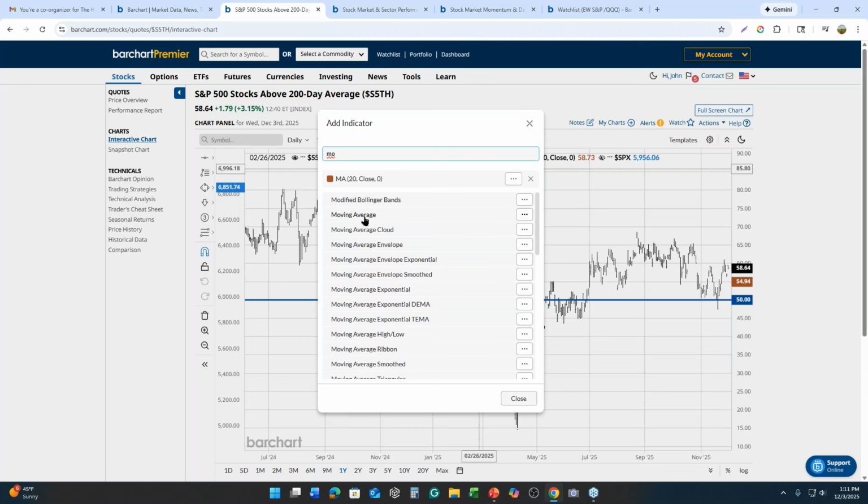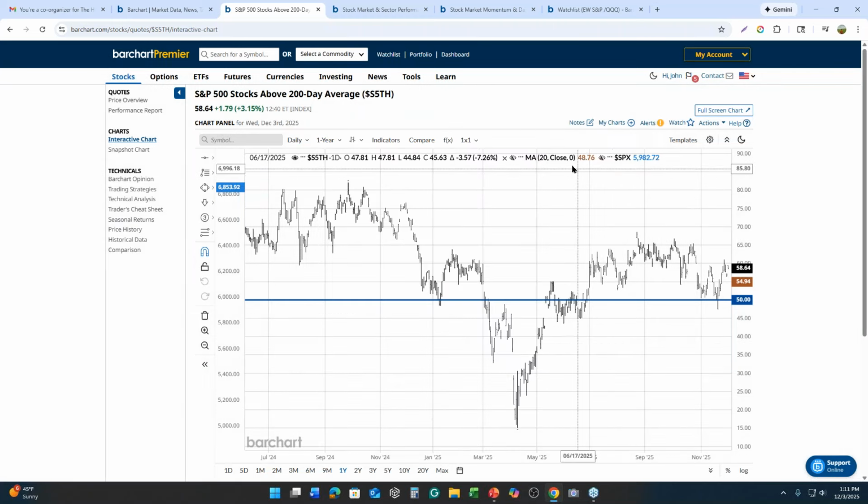I really want to look at this over a certain period of time. Depending on what type of trader you are or how you want to define market breadth, I want to look at what that value is over, let's say, a month period, or 20 trading days. And that's what I've done here. I've added a moving average of 20. Here you can see I have it turned off for the moment.